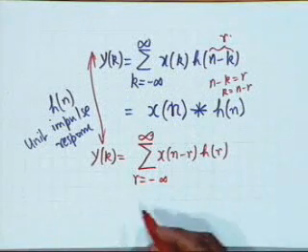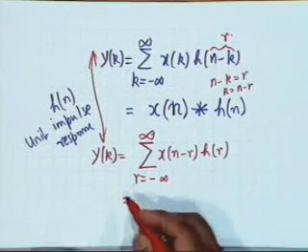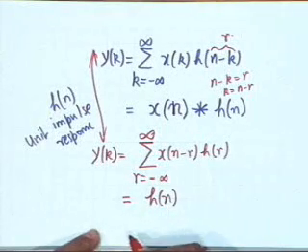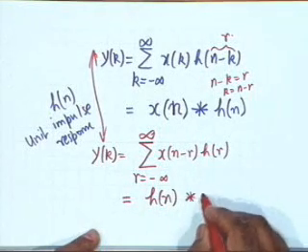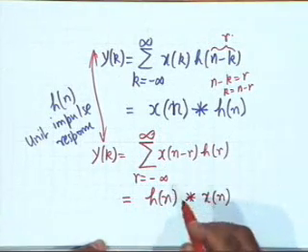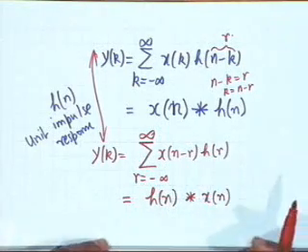In terms of mathematical notations of operation, we can say that this summation is h of n convolved with x of n, and therefore the operation of convolution is commutative. That is, what you convolve with what, it does not matter.